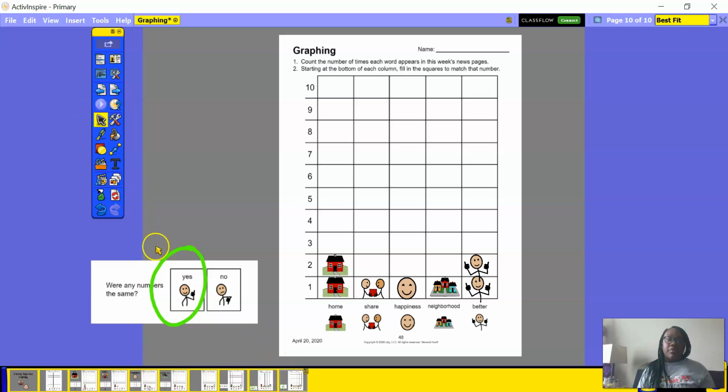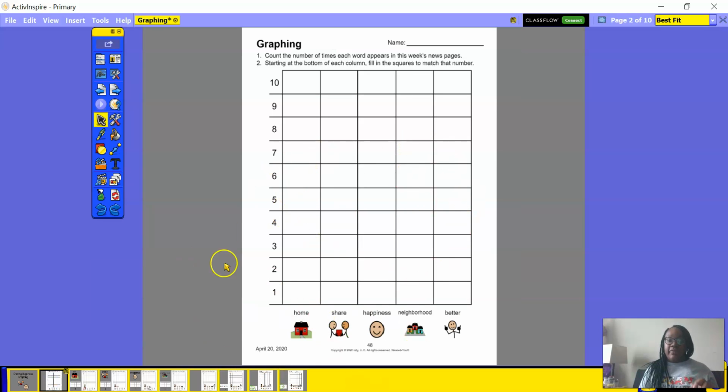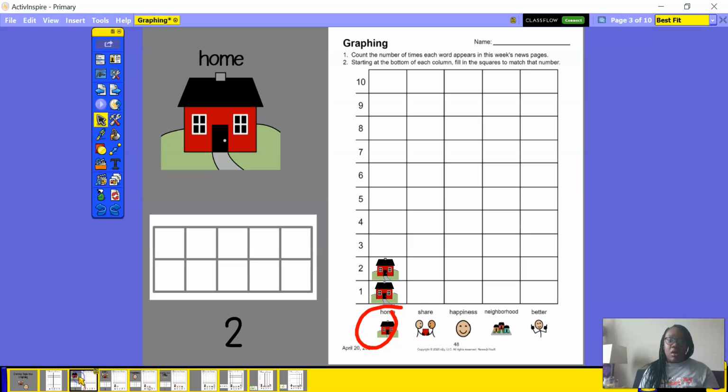All right. So remember, what did we do today? We graphed. And we had to determine how many times these words at the bottom of our graph were in our story. So we saw that the word home was in our story 2 times.